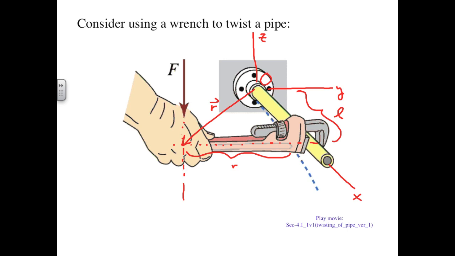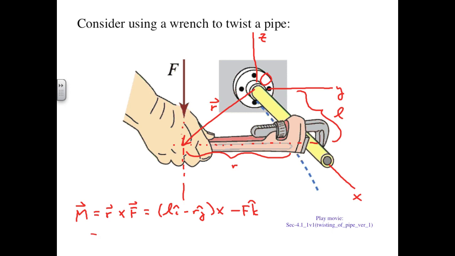Using our cross product properties, we have M equals r cross F, which is equal to Li minus rj crossed into minus F in the k direction.